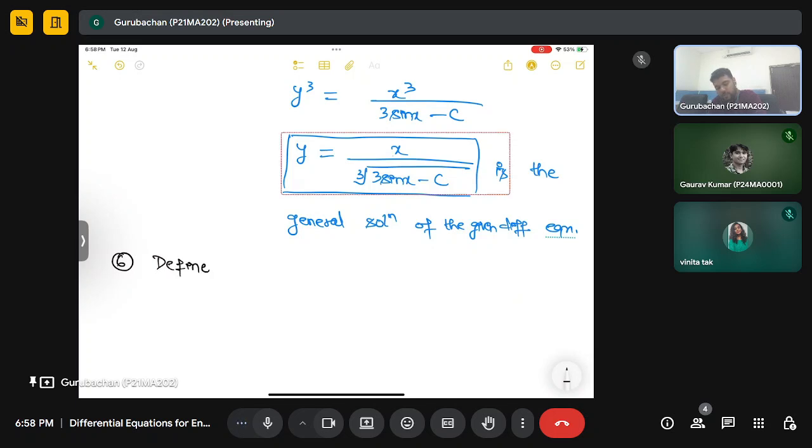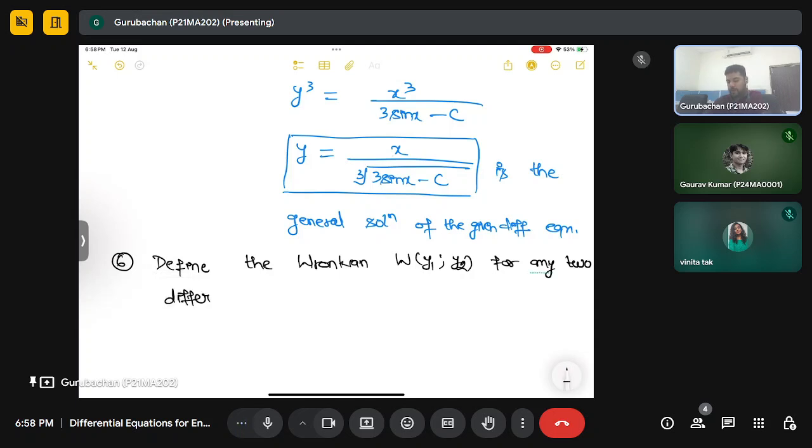Define the Wronskian W(y1, y2) for any functions, and precisely two differentiable functions y1 and y2.